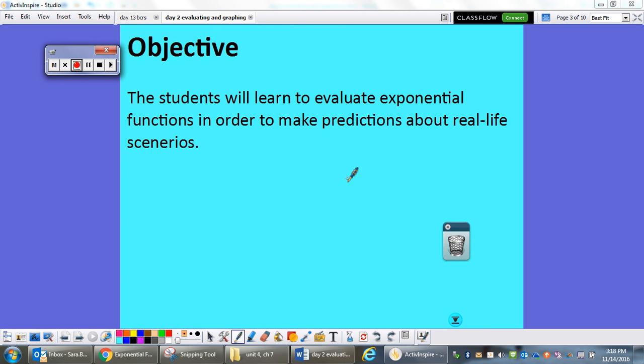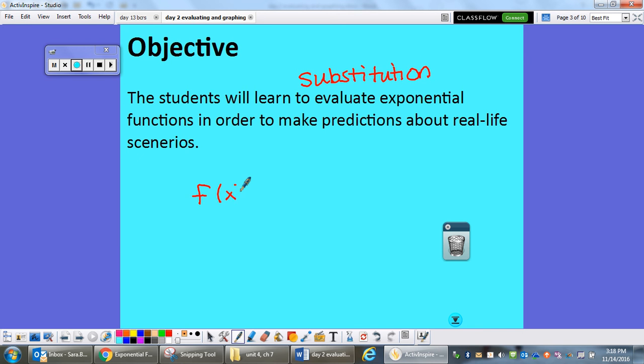All right, today your objective is the students will learn to evaluate exponential functions in order to make predictions about real-life scenarios. Remember, evaluate is just another word for substitution. Remember, an exponential function is in this form, f of x equals a times b to the x power.